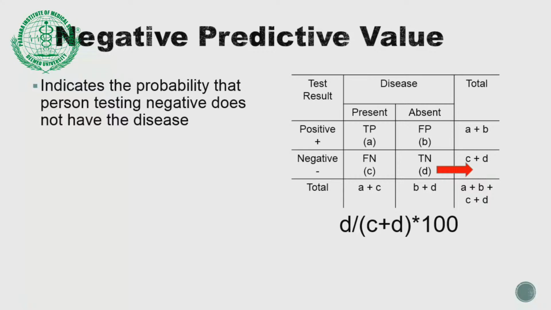Similarly, the negative predictive value indicates the probability that the person who has tested negative doesn't actually have the disease.